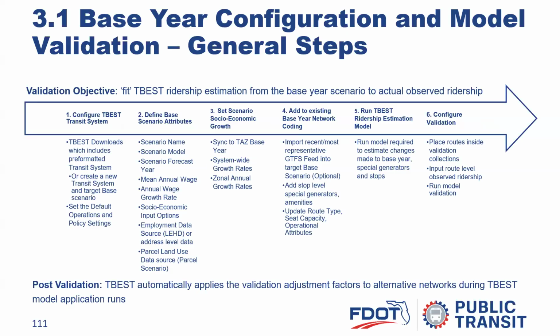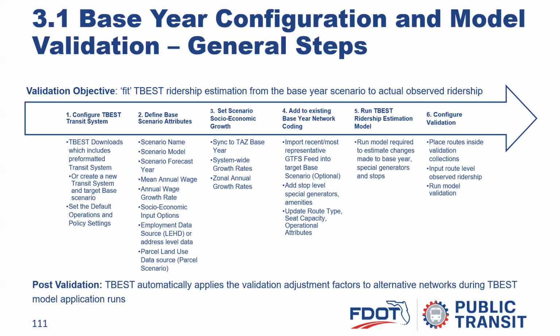So there are 6 general steps here, and the objective of the validation is to fit the T-BEST estimated ridership from the base year scenario to actual observed ridership. To set that up, we have to do all these steps we've been talking about: defining the base conditions, setting the socioeconomic growth, and then finally entering observed ridership at the route level, and then running the T-BEST ridership estimation model and configuring the validation.